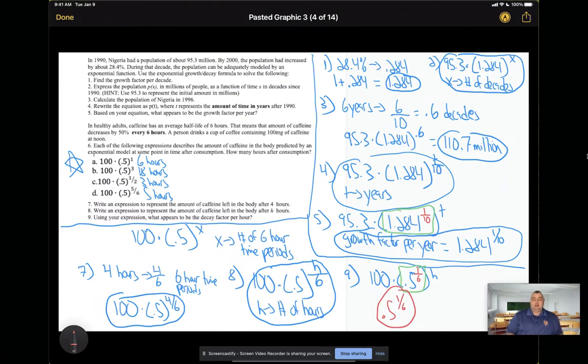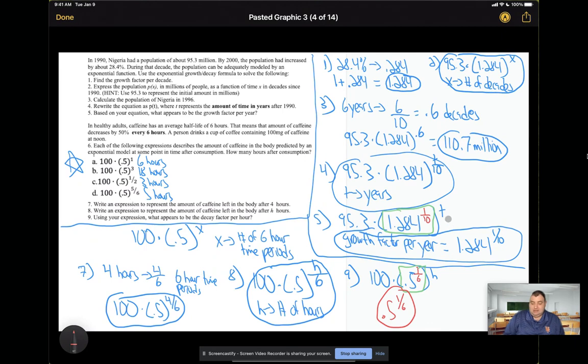The good thing about this is it doesn't matter what the half-life is, this pattern would hold true. So if the half-life were, for example, 7 hours, it would be 0.5 to the power of 1/7. If the half-life were 15 hours, it would be 0.5 to the power of 1 over 15. So that pattern holds true.